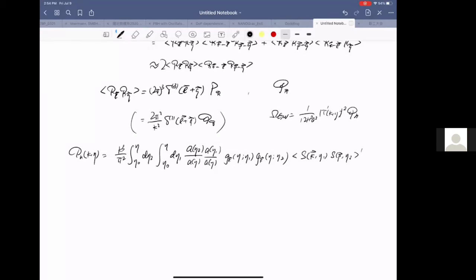Prime means that we get rid of this delta function.